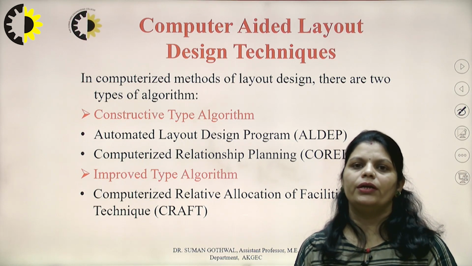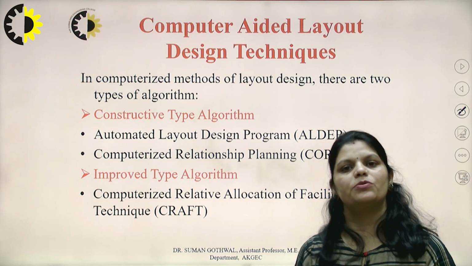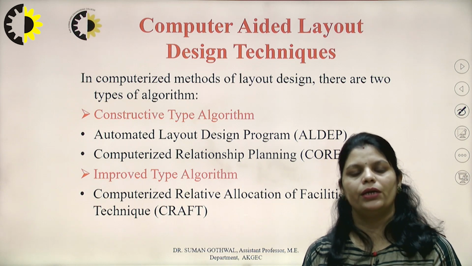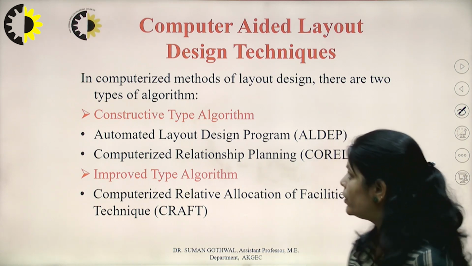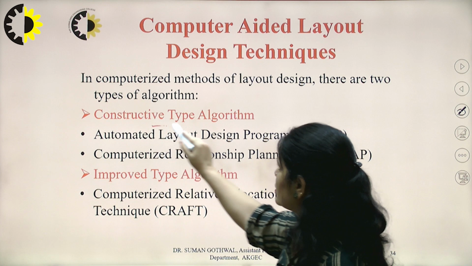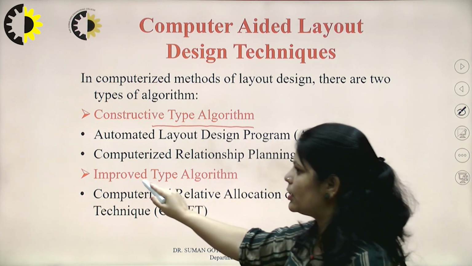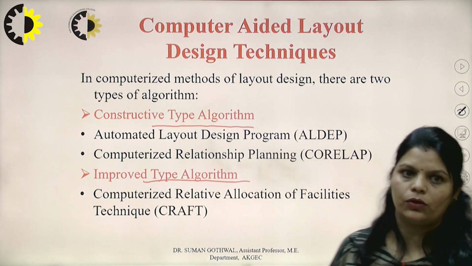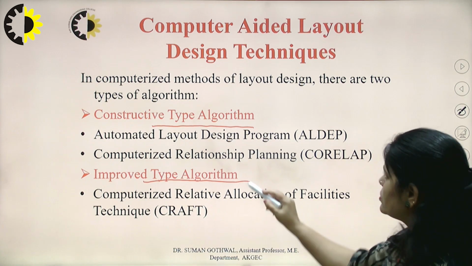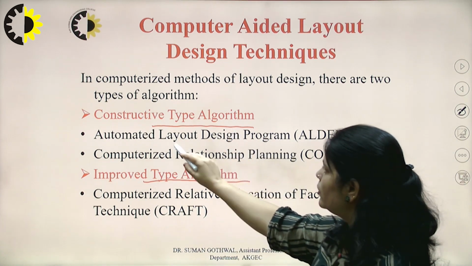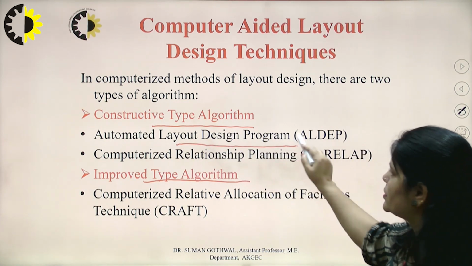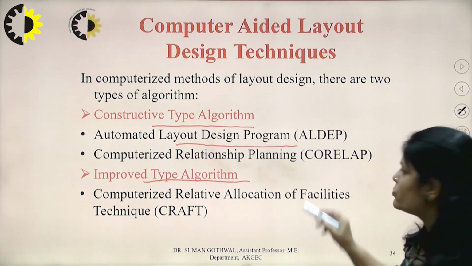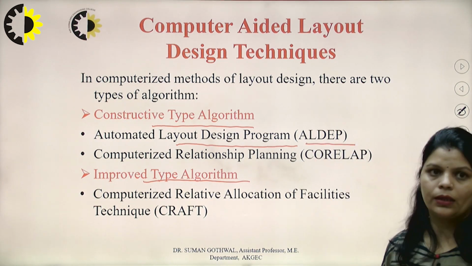Now, if we discuss the techniques available, we basically use two types of algorithm here. The first is the constructive type algorithm and the second is the improvement type algorithm. Under the constructive type, we have the automated layout design program, also known as LDAP. Clear?